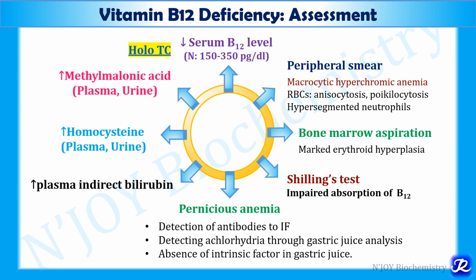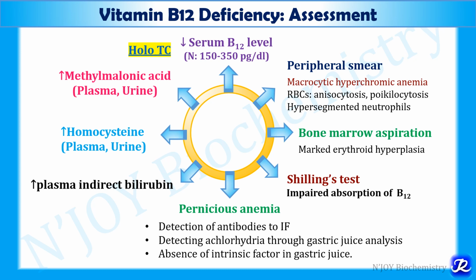Now in this test, radioactive labeled vitamin B12, 1 microgram, is given orally, and simultaneously an intramuscular injection of unlabeled vitamin B12 is given in order to saturate with normal vitamin B12. So the radioactive vitamin B12 will not bind to the body tissues, and therefore in a normal person the entire absorbed radioactivity will pass into the urine.